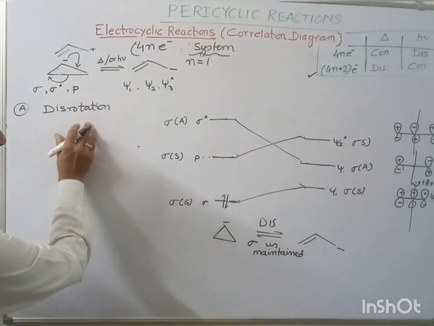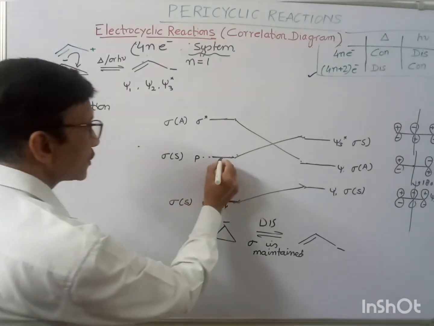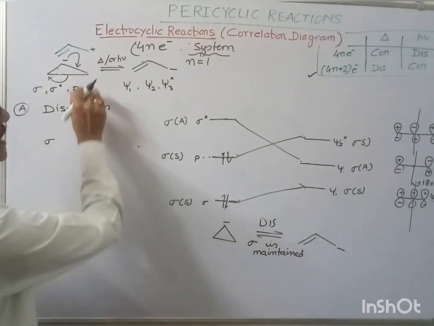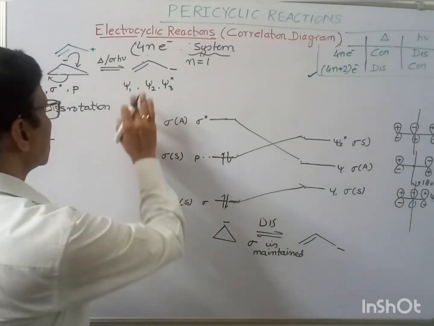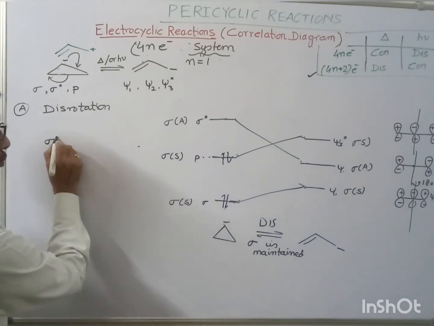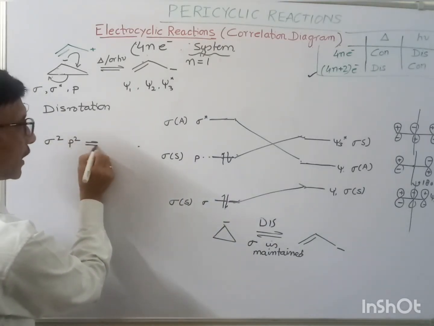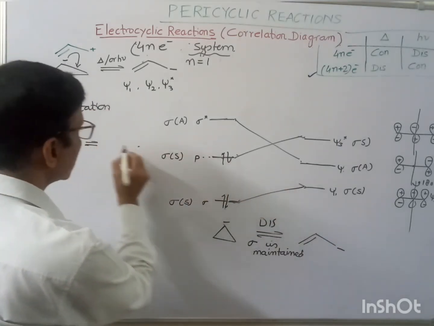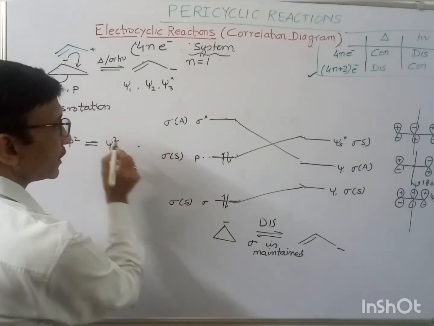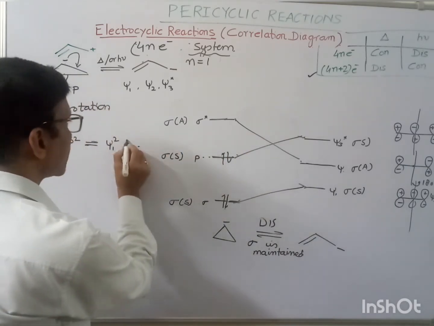So under this rotation, 4 electrons are present in the allylic anion system, or this 4n electron system. So p is having 2 electrons, and these 2 electrons are going into psi 1, and this p electron is going into psi 3 star.